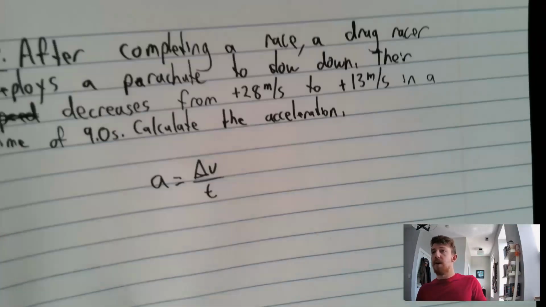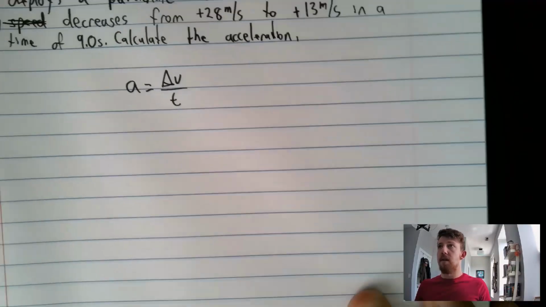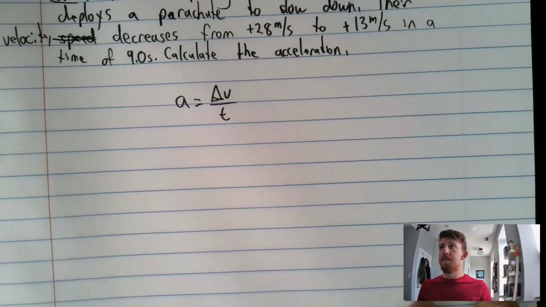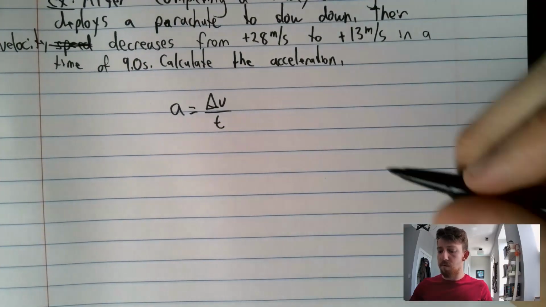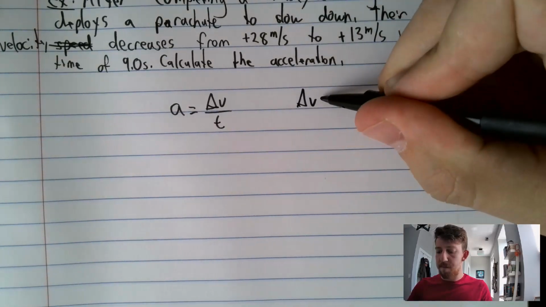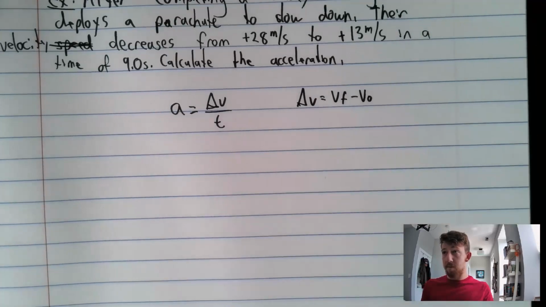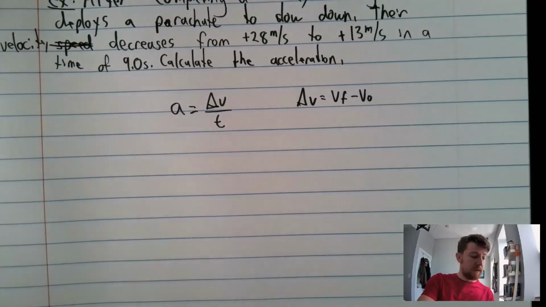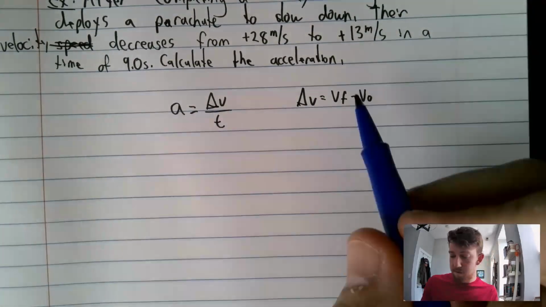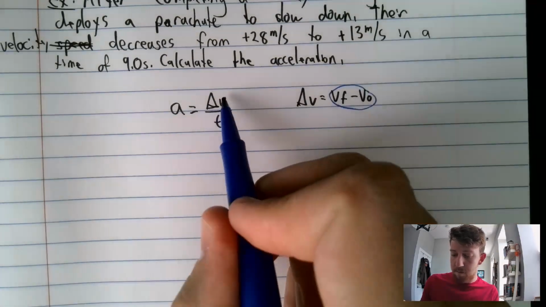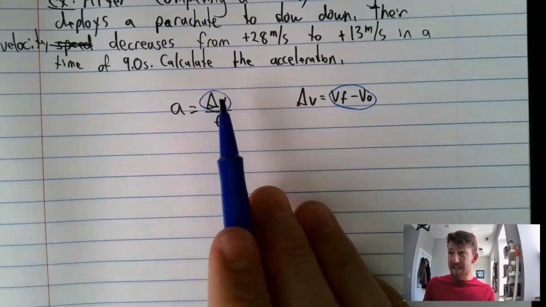But I'm going to make this equation a little fancier. So remember, we have this over here, this is a property of anything with delta. And I'm going to take this value on the right and plug it in there, because they didn't give us delta V.